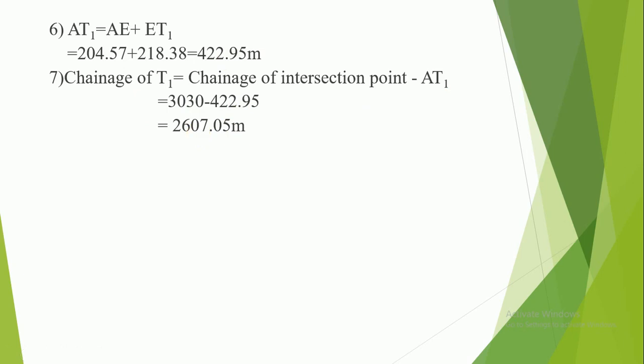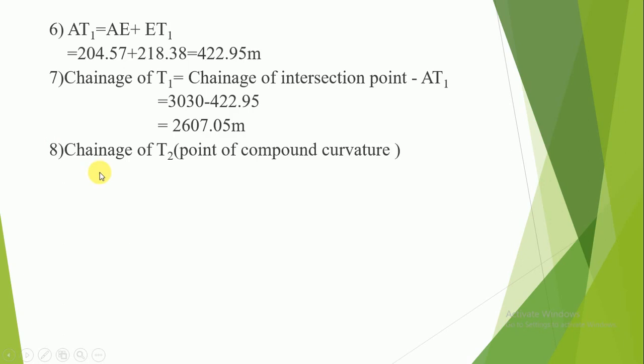Now in order to calculate the chainage of T2, we are supposed to add the curve length of the longer curve to the chainage of T1. The chainage of T2 is nothing but the point of compound curvature. For the purpose, the formula is chainage of T1 plus curve length of the long curve.